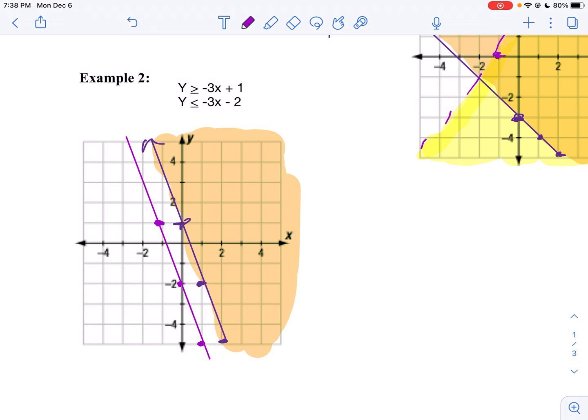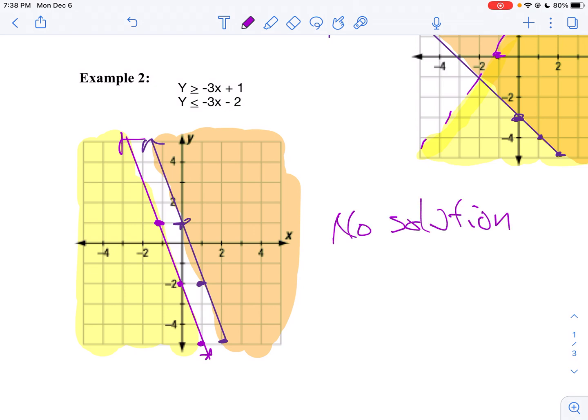So it goes through that point. And then we're shading below the line, so I'm going to shade below this line. And notice they don't intersect, do they? Okay, they don't intersect, so there's no solution on this.